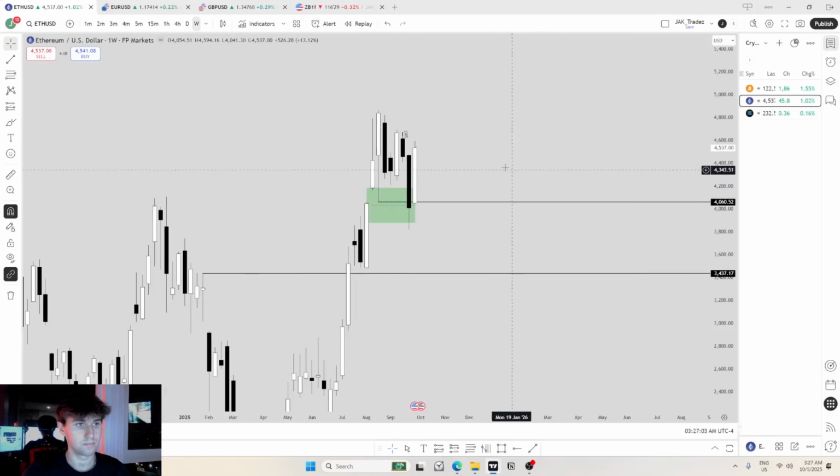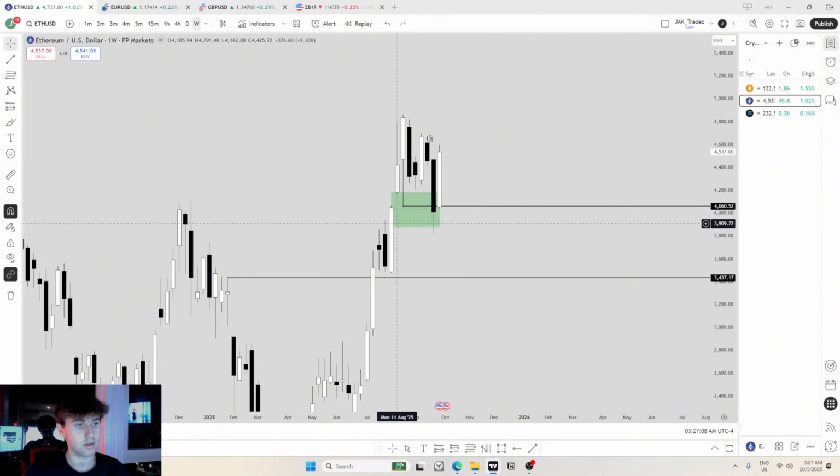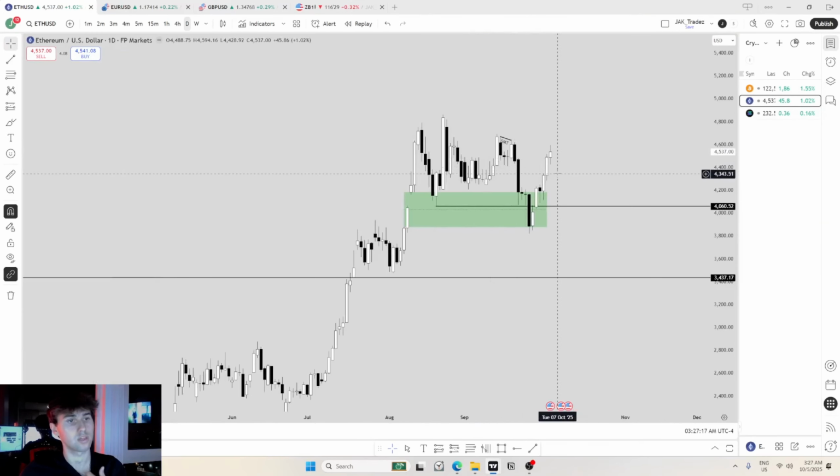So for this example, we came into a weekly discounted array and went up and took a weekly high. So that's an example. We could also be targeting a weekly fair value gap, or a new weekly opening gap, stuff like that with consequent encroachments.